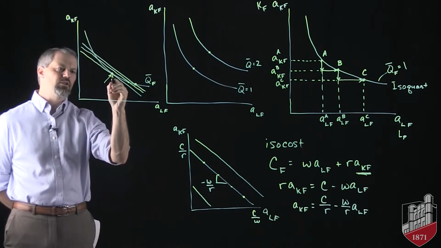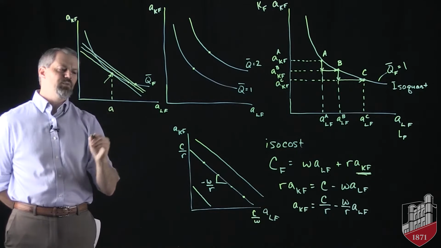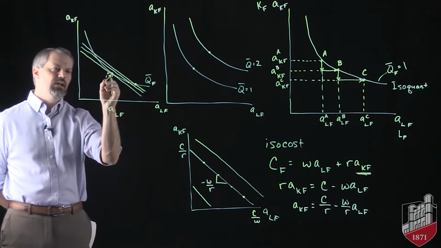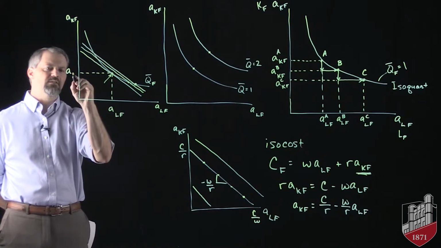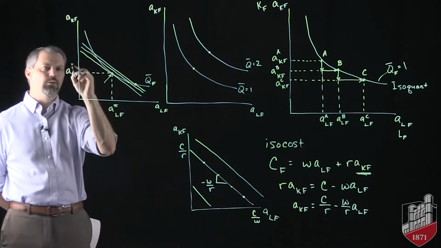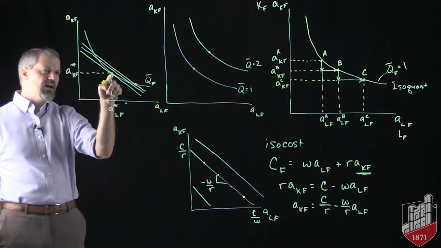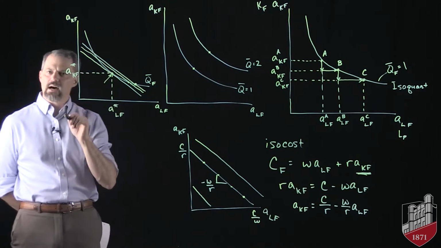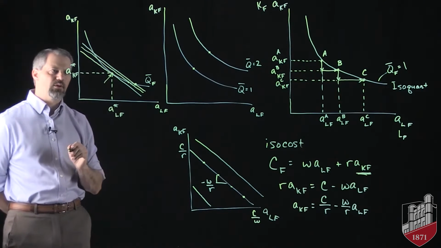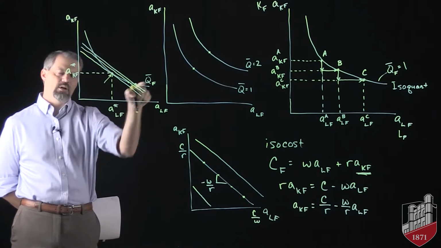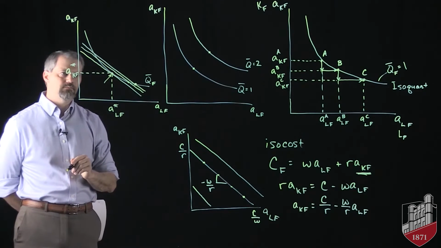So if we look at the coordinates of that point, this would be the optimal amount of labor to use to produce that amount of food, and this would be the optimal amount of capital to use to produce that amount of food. We could give them a little star if we wanted. That point represents the combination of labor and capital that is the best combination if we want to produce that amount of food.